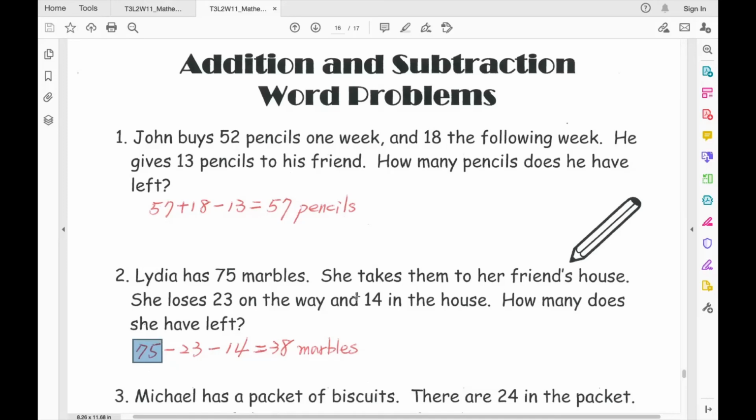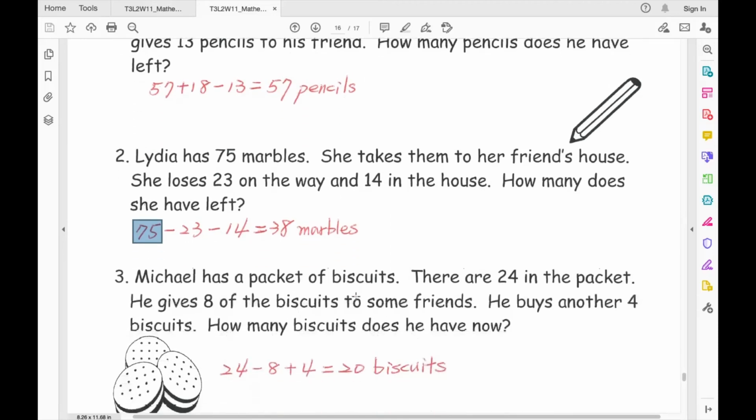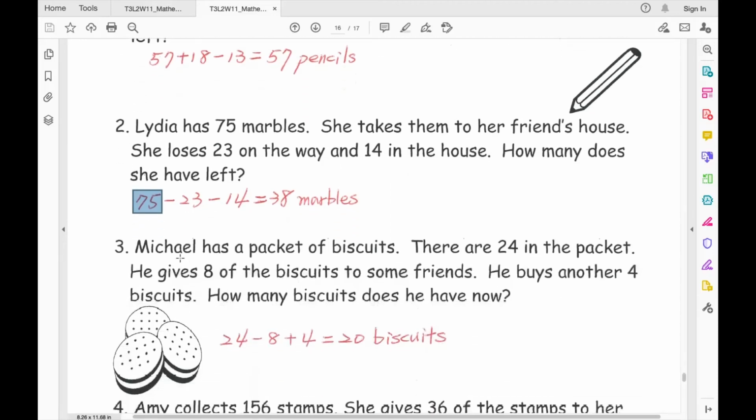Right, let's move on to number 3 then. Number 3, so Michael has a packet of biscuits here. There are 24 inside the packet of biscuits. He gives 8 of the biscuits to some friends, and he buys another 4 biscuits. How many biscuits does he have now?